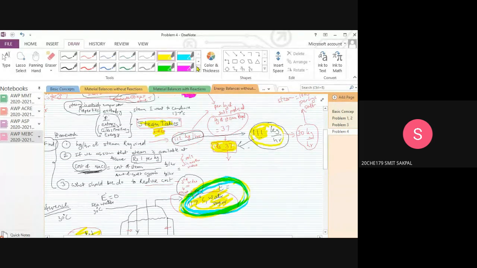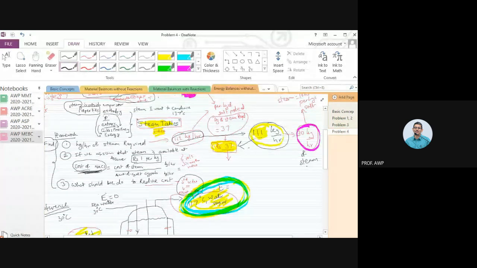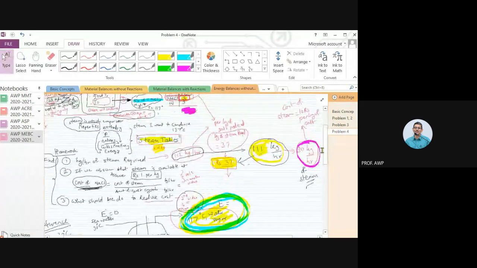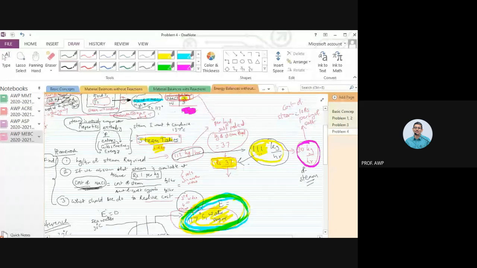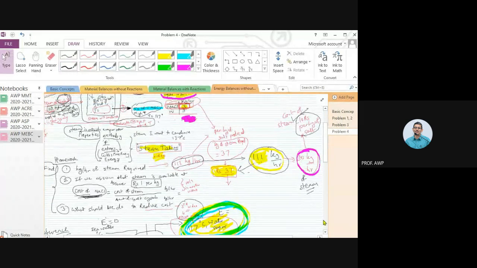Yes, sir. Now, if I can reduce this 111 in some way, if I can reduce it to 30 kg per hour of steam, then I will require only 10 kgs of steam per kg of salt and the cost would be just 10 rupees per kg of salt. Now, this is much more manageable. Do you agree with that?